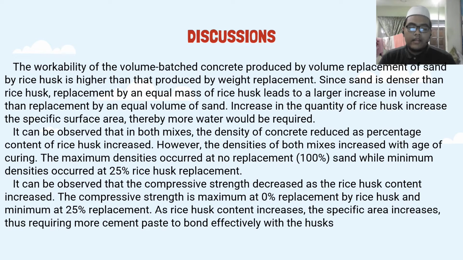It can be observed that the compressive strength decreases as the rice husk content increases. The compressive strength is maximum at 0% replacement by rice husk and minimum at 25% replacement. As rice husk content increases, the specific area increases, thus requiring more cement paste to bond effectively with the husk.